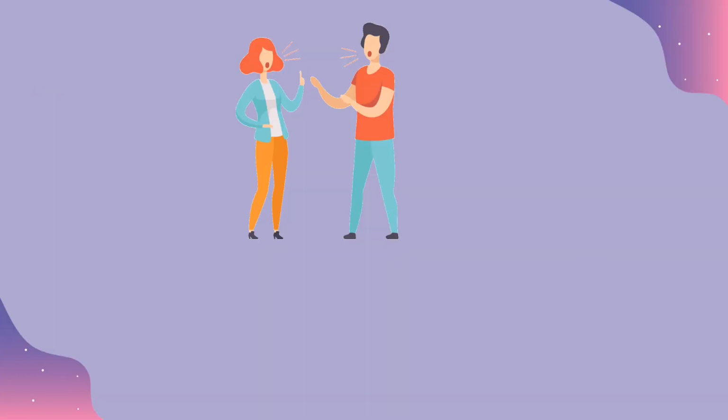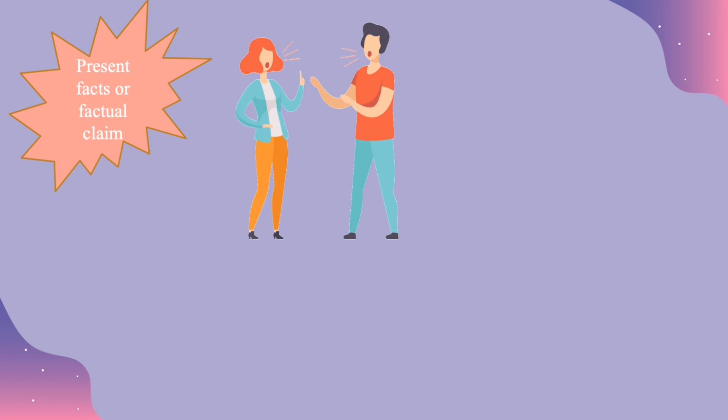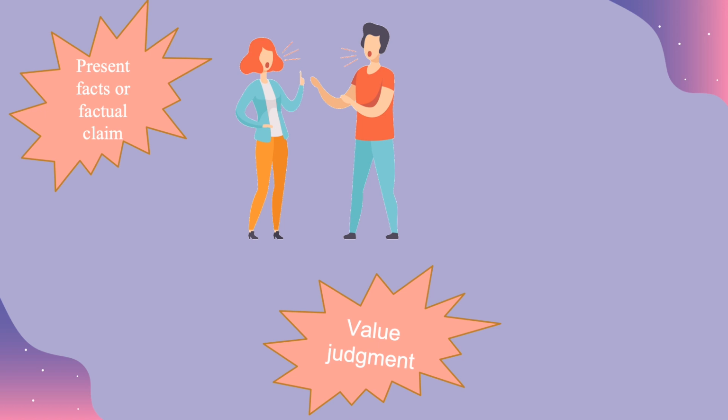So normally, when it comes to argument, people usually make different kinds of claims depending on their perspective toward a case. For instance, during a quarrel, some people present fact, evidence, or data, which is also known as factual claims, that means to show the existence of something, and some express value judgment, which is a judgment that is formed by people themselves based on their point of view.